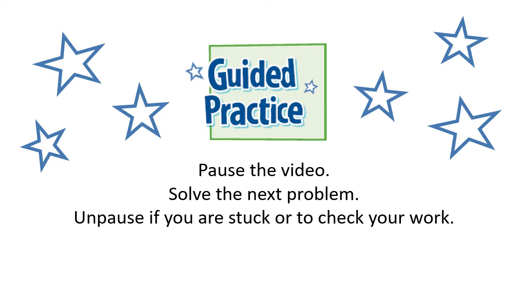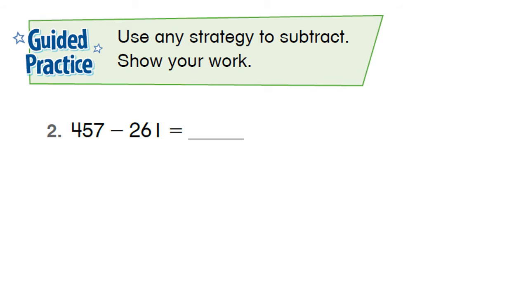Pause the video, solve the next problem, unpause if you are stuck, or to check your work. So this is number 2, 457 minus 261. And I can see that I have more in the subtrahend, more in the smaller number in the tens place, than I have in the minuend, the larger number.